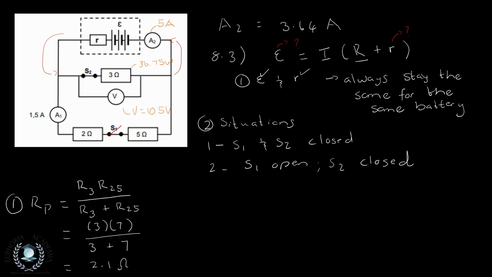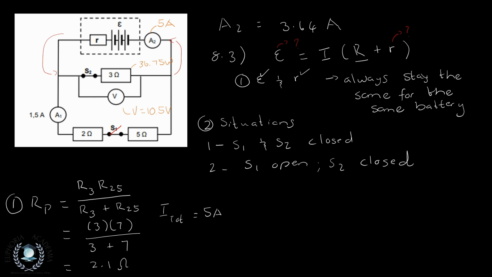All right, cool. Now, initially, we knew that when the switches S1 and S2 are closed, our total current was 5 amps.